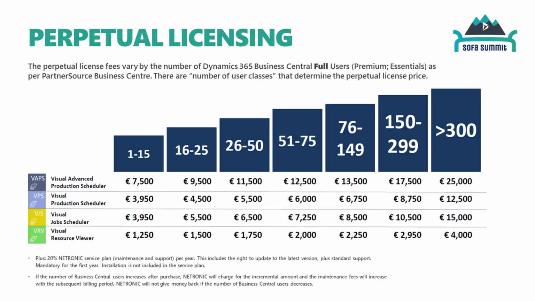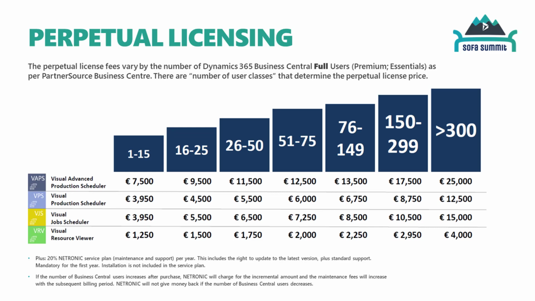So how much does it cost? The all important question. So if you were to buy it and you are on a perpetual license, i.e. you bought your BC NAV license, then it depends how many users you've got in your system. It's not necessarily how many users using the planner, it's how many users are in your system.